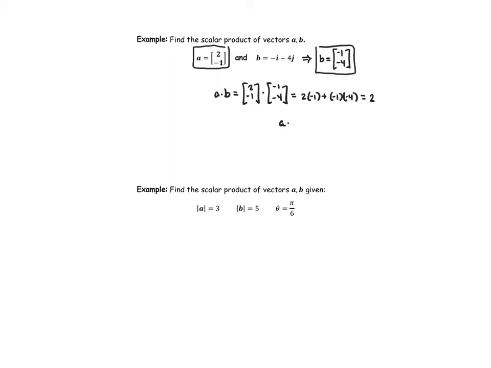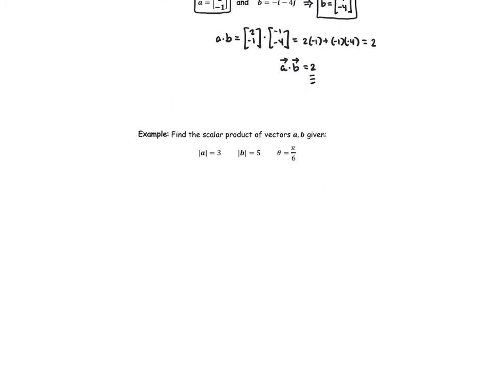So the scalar product of vectors A and B ends up being a constant. Now it's interesting. The result of a scalar product of two vectors is not a vector. Okay, it actually just ends up being a constant. It's very interesting. We'll see more with that in a minute here.